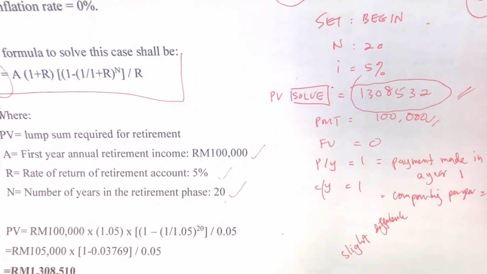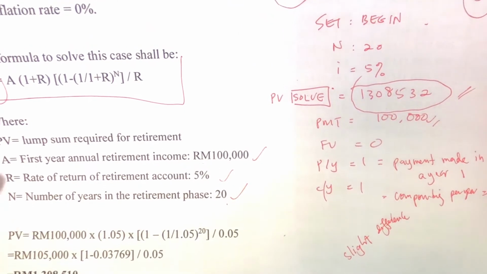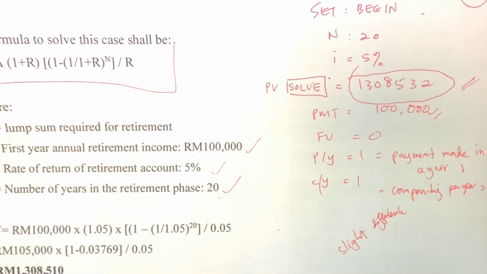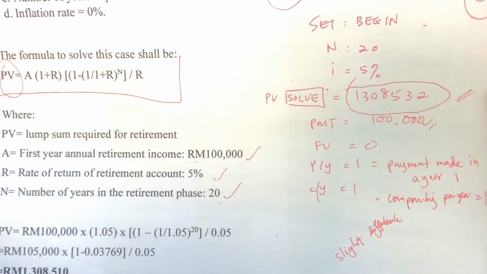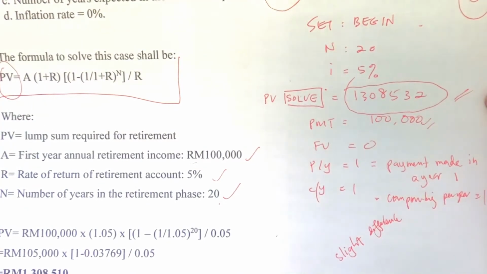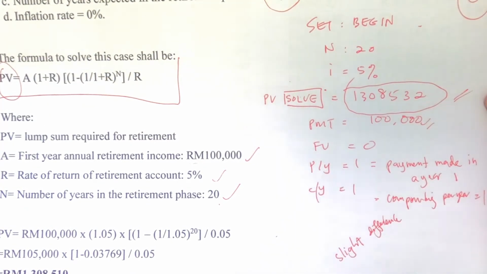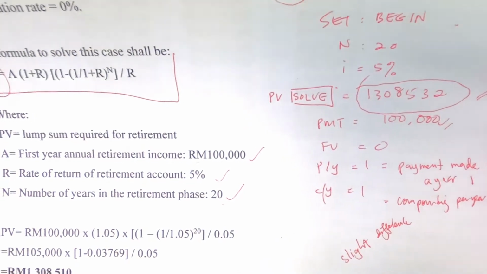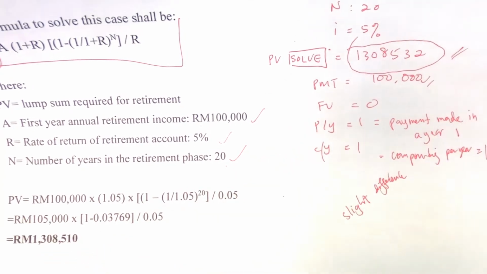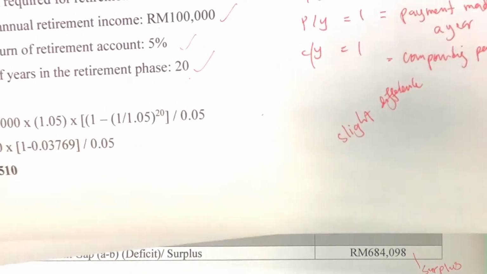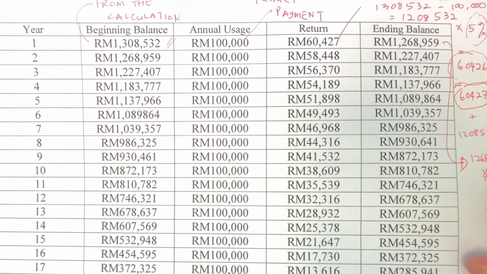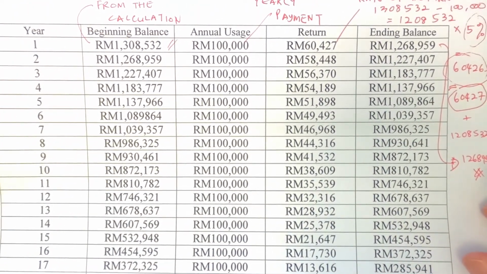Once we calculate using the formula, we can see that the total income, or the lump sum needed for the purpose of retirement using the capital liquidation method, is 1,308,510. And here is the proof of the calculation that I've already explained to you before.